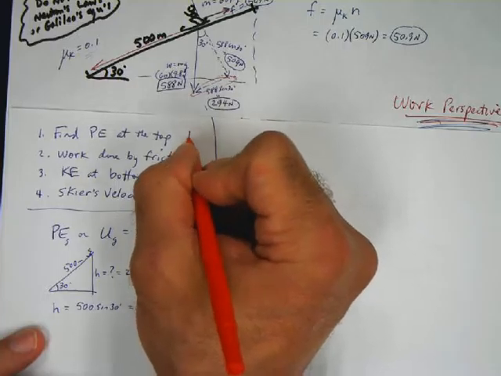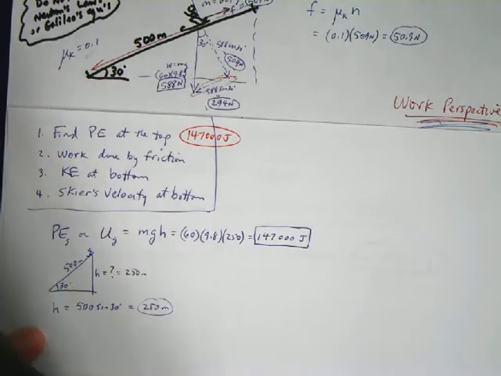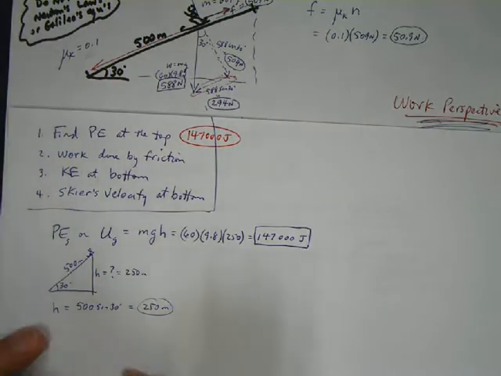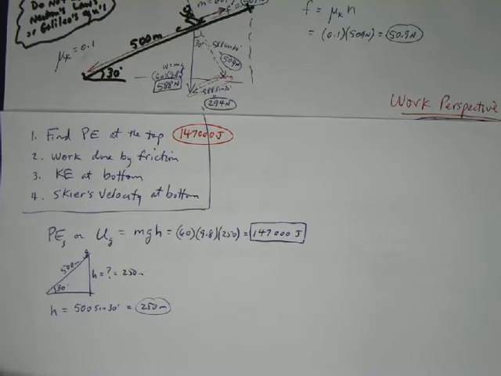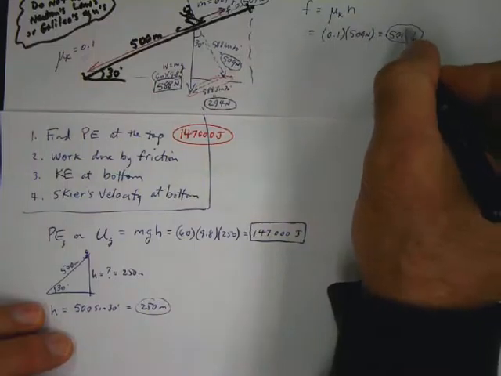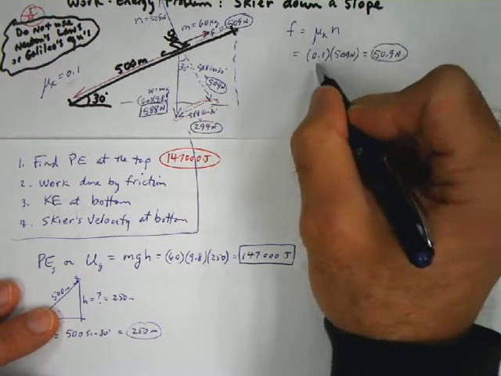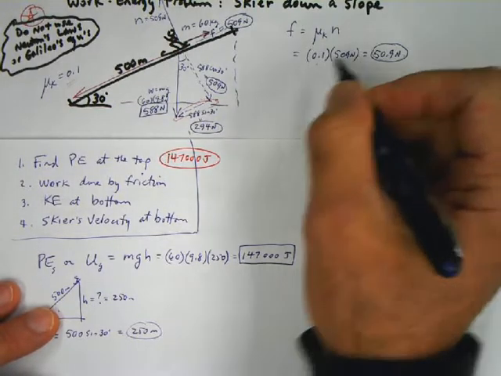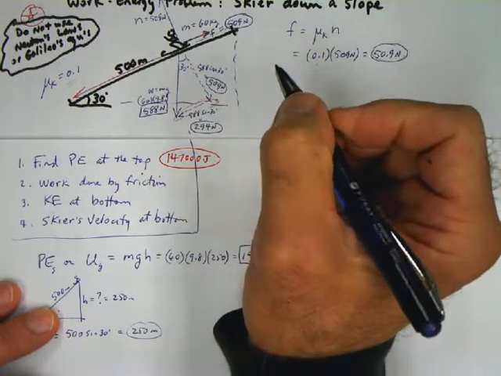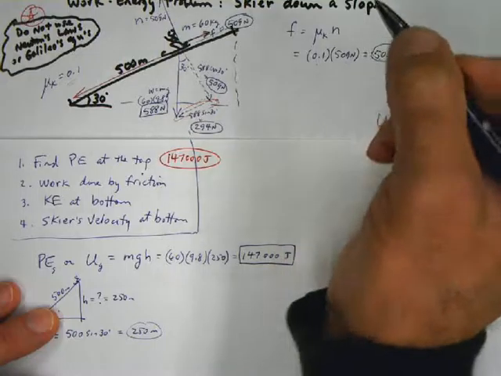Now let's look at the second question. What was the work done by friction? Well, we found the force due to friction before. That was 50.9 newtons. That was just the coefficient of friction times the normal force right here. Okay, mu times the normal force, that gives us 50.9 newtons. And then what did we do?